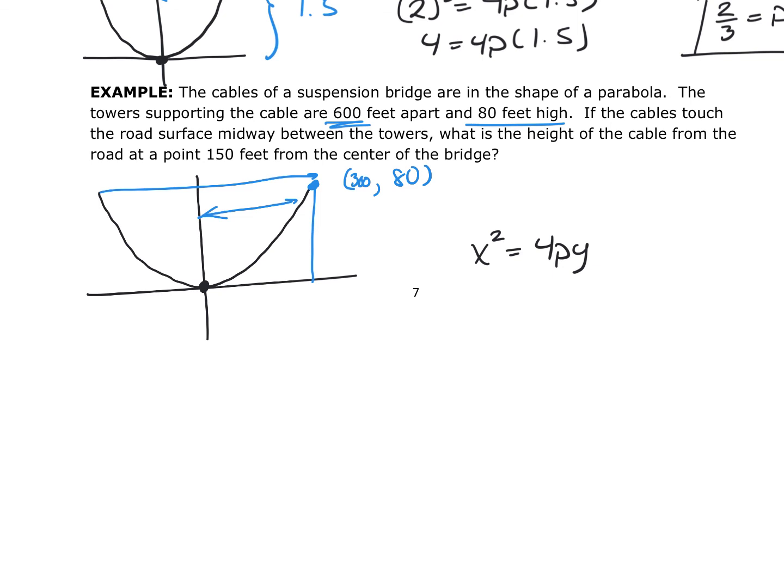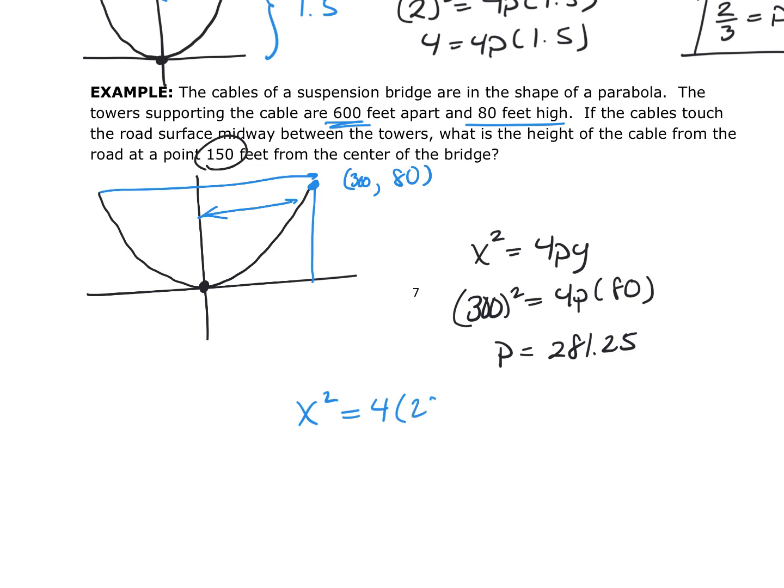Once I find p, then I can go back and actually answer the question. So I have 300 squared is equal to 4p multiplied by 80. So my p is going to be 281.25. Now, my equation is x squared is equal to 4 multiplied by 281.25, and then multiplied by y.